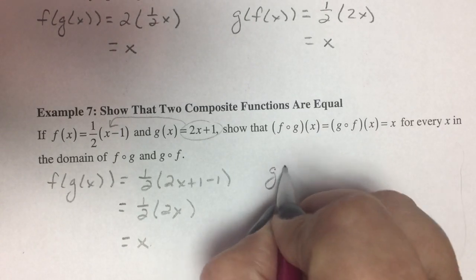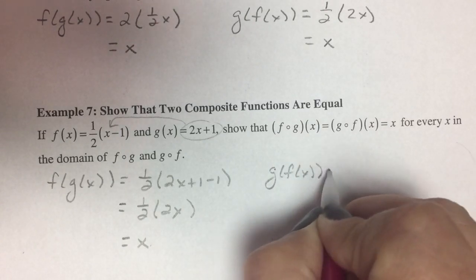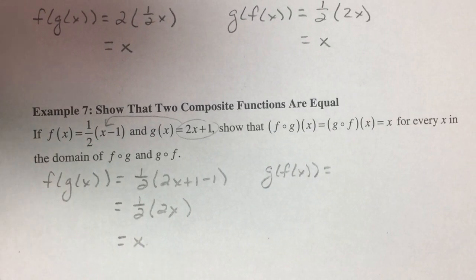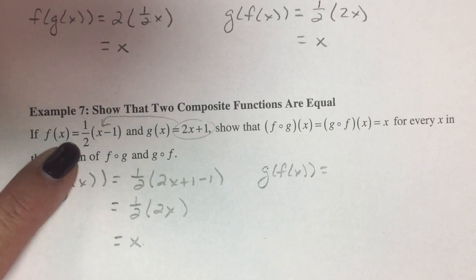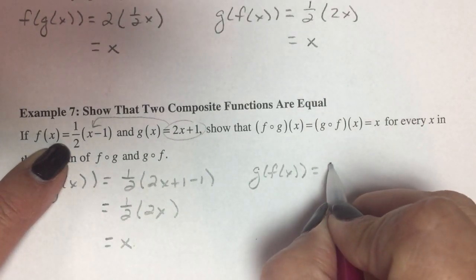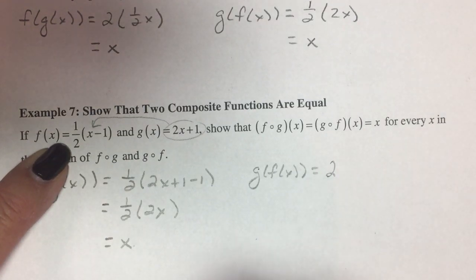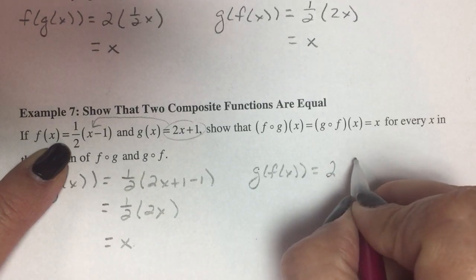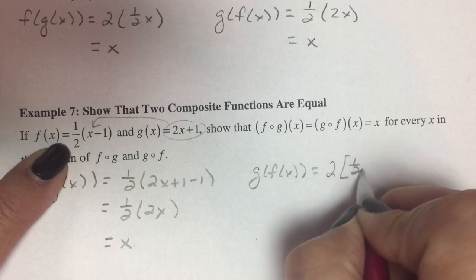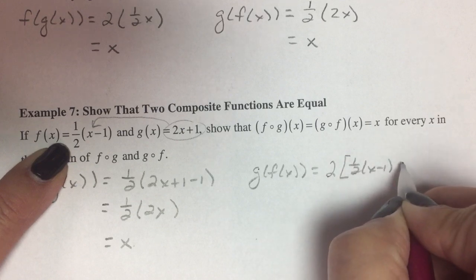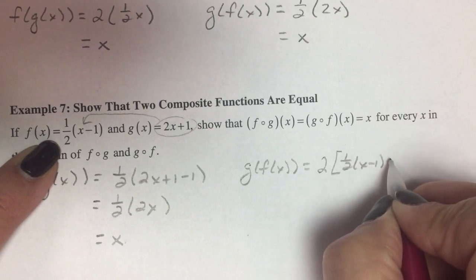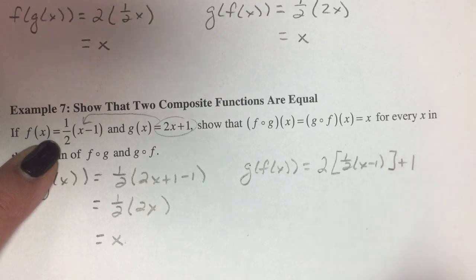Now let's find g of f of x, which means I'm plugging my f into my g. So that would be 2 times 1/2 times x minus 1, and then plus 1.